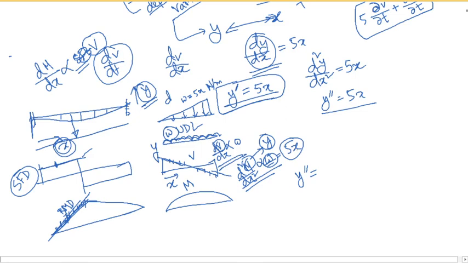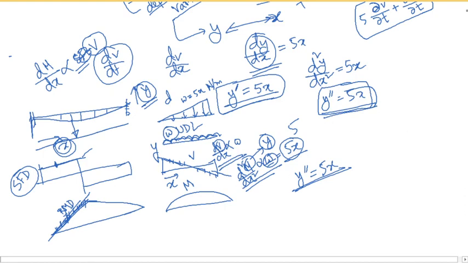In that case it might be 5x, or it might be a constant value, whatever it is. So it is a function of x, 5x. This is what we mentioned from the very beginning, that this might be y double prime equals 5x. This is an ODE, as you can see from this example.